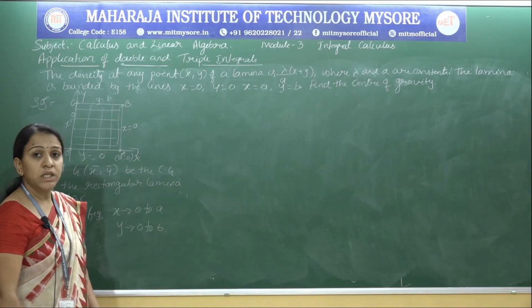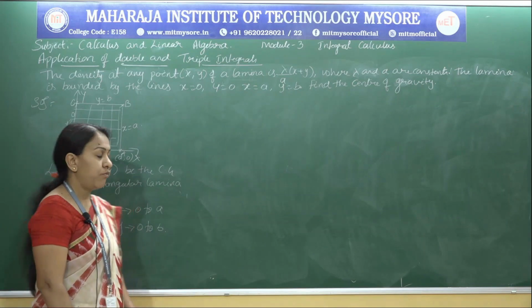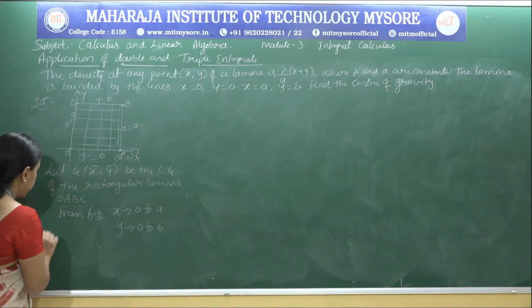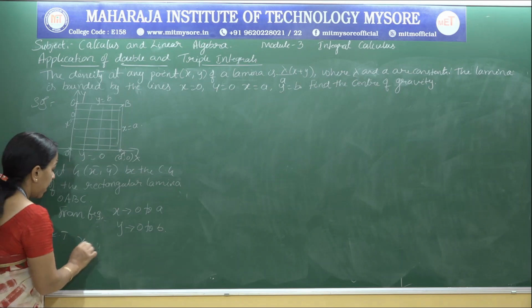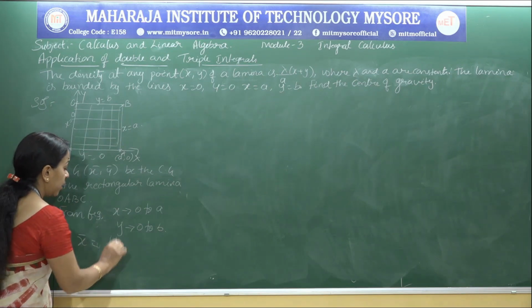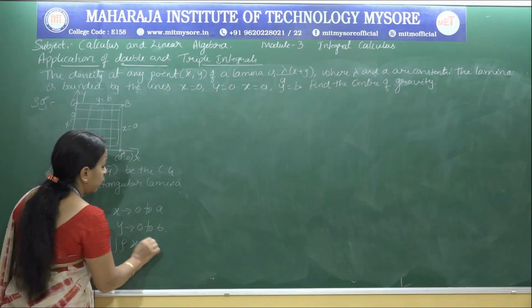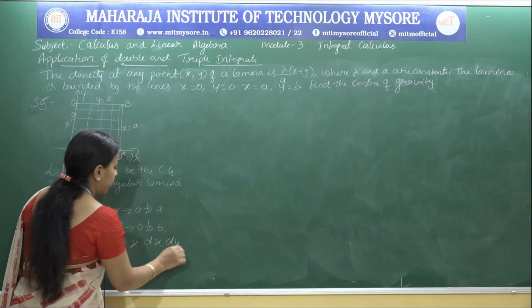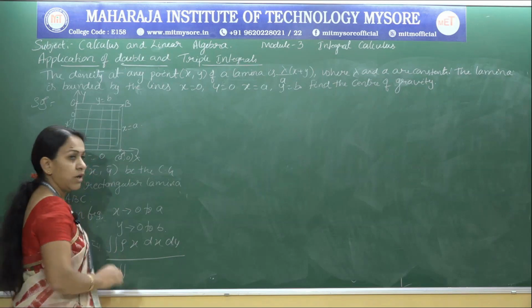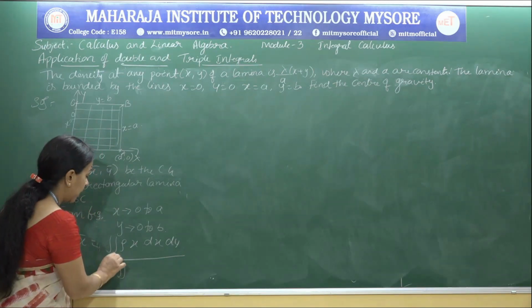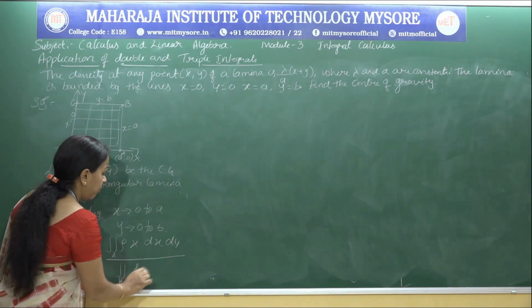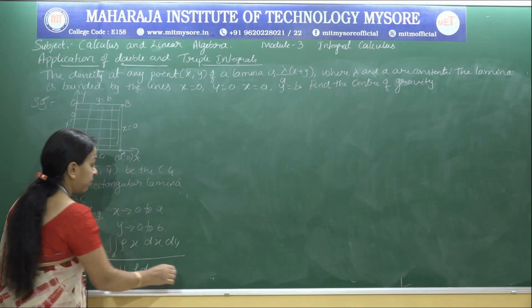Now we know the standard x bar formula. x bar equal to double integral of rho x dx dy divided by the total mass, m, which is also given by double integral of rho dx dy.